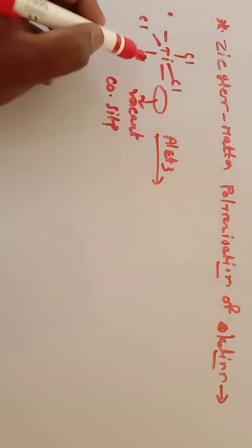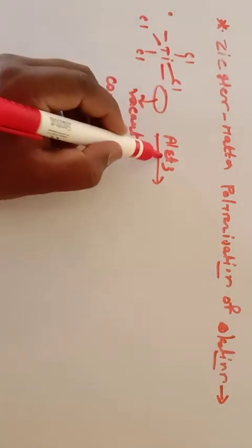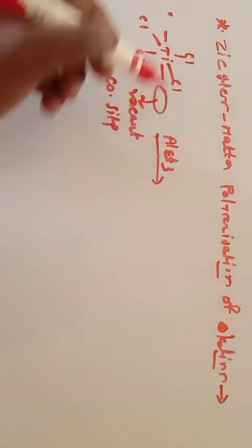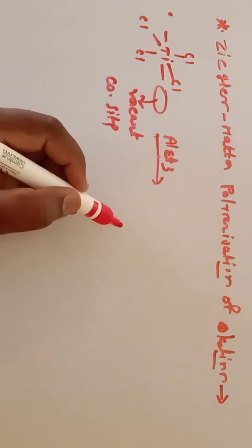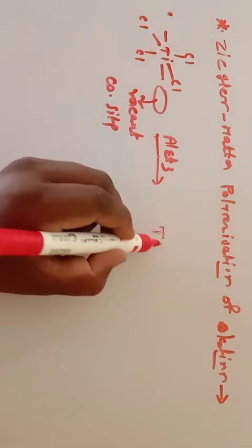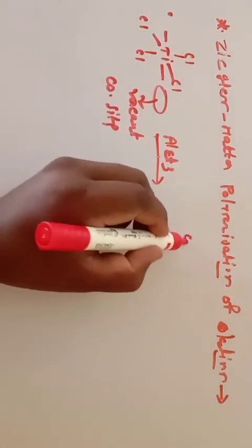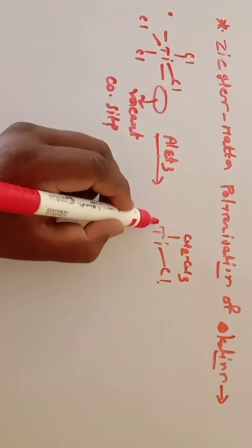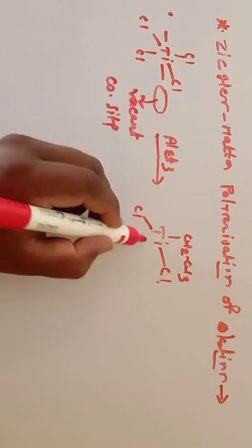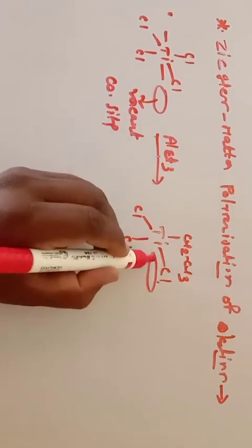So whenever this TiCl4 reacts with triethyl aluminum, one of the chlorines is replaced by the ethyl group of triethyl aluminum, and we get TiCl3Et, with a vacant site.